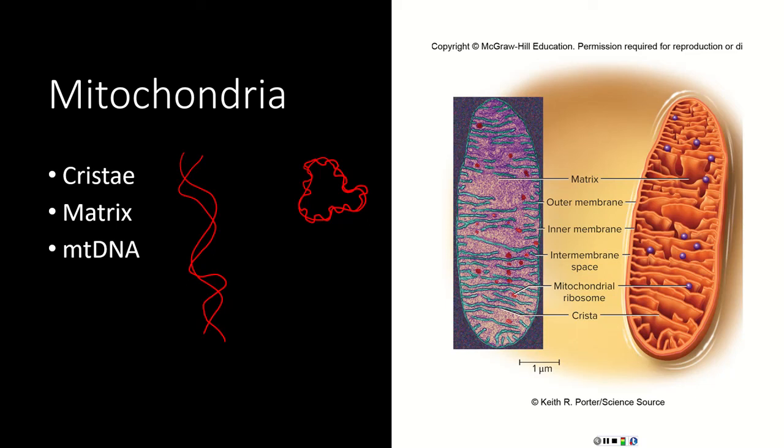Well, what we ended up discovering was that mitochondria at one point were bacteria. They were free-living bacteria related to something called cyanobacteria. But at some point, way in the distant past, they were phagocytized by another cell.